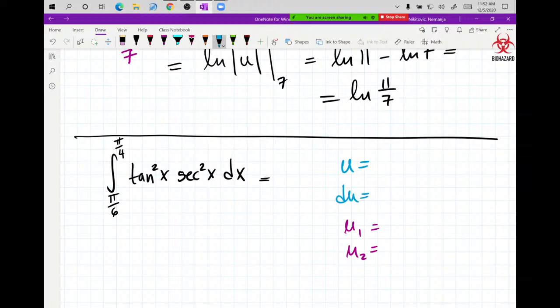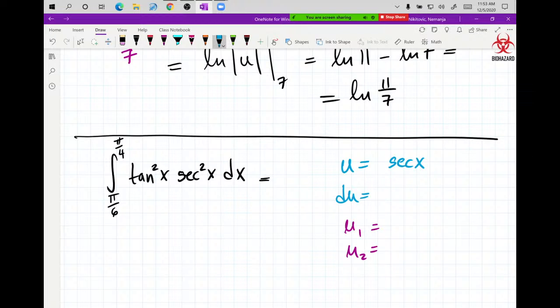Any ideas? Would u be secant x? That is a very good guess.